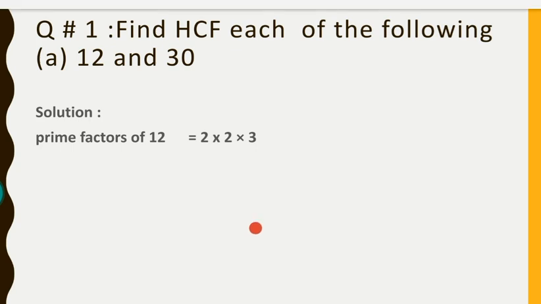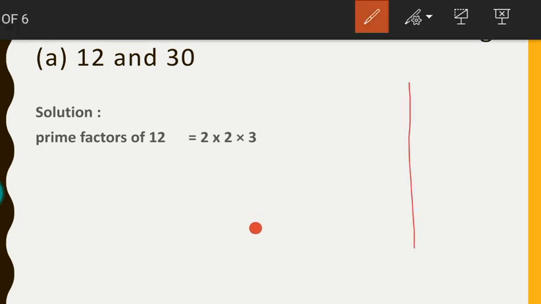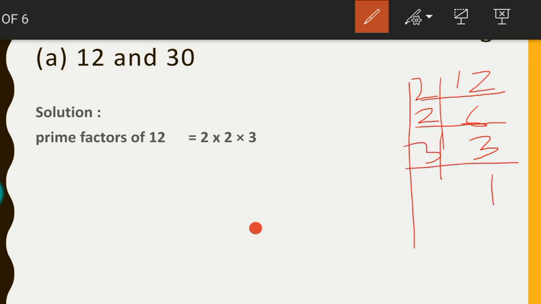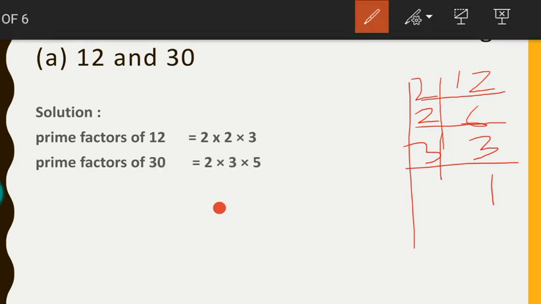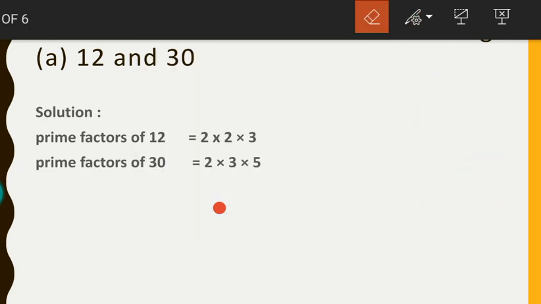Okay, just like this, it is a rough column. Prime factors of 12: 2, 2 and 3. So the prime factors of 12 are 2, 2 and 3, just like this. And the prime factors of 30: first of all we erase this.